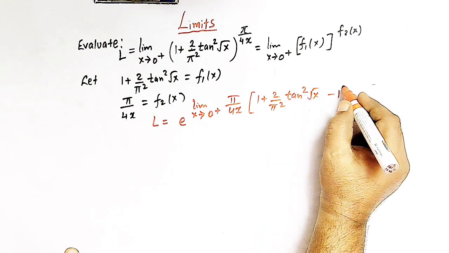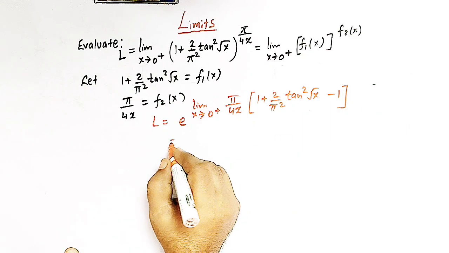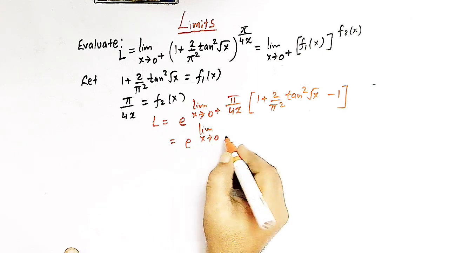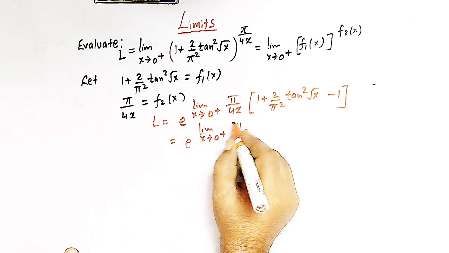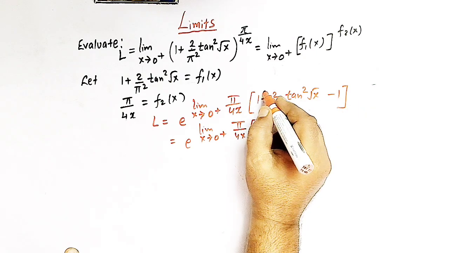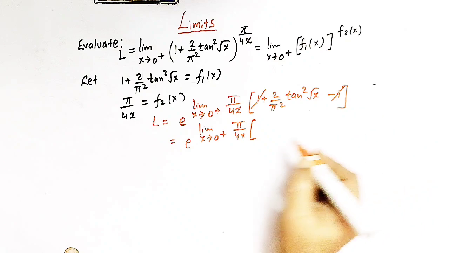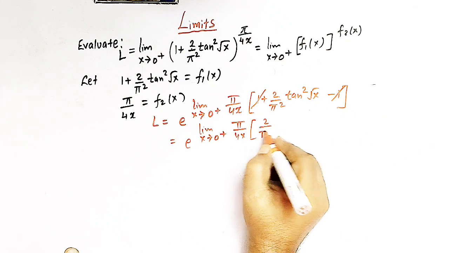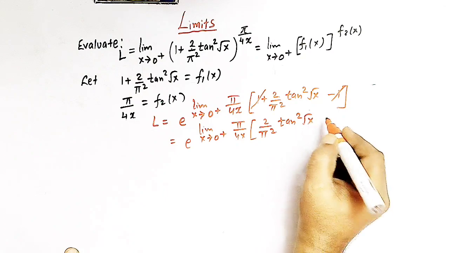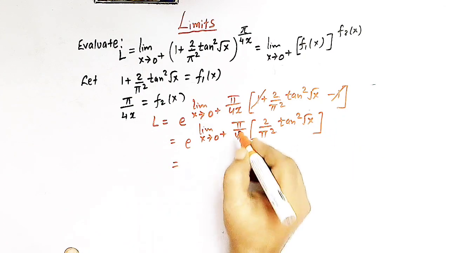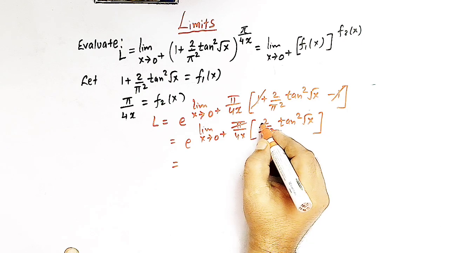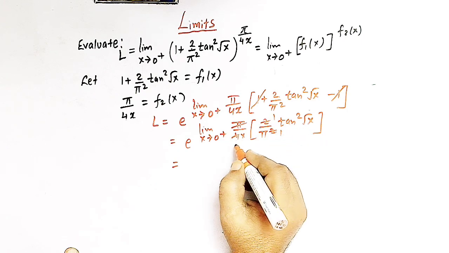So now we have e raised to the limit x tends to 0 positive, and here we have pi over 4x, and now we can cancel this one with this one, so we have 2 over pi squared tan square root of x. Now this pi and this pi get cancelled, and here we have 1, here we have 2.